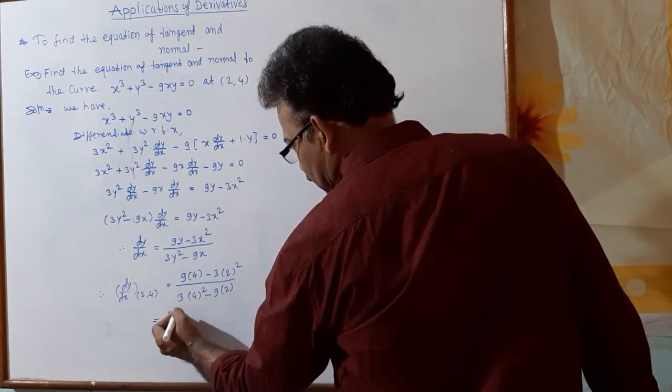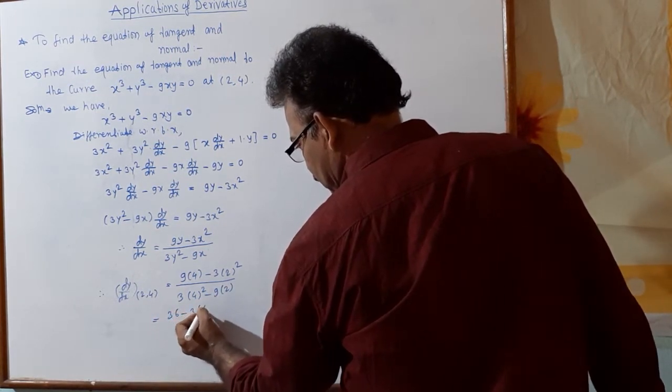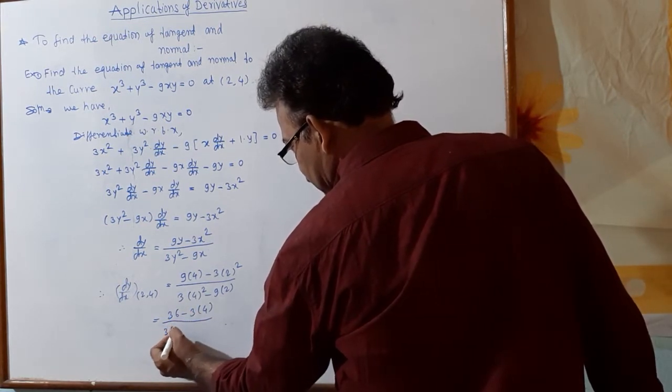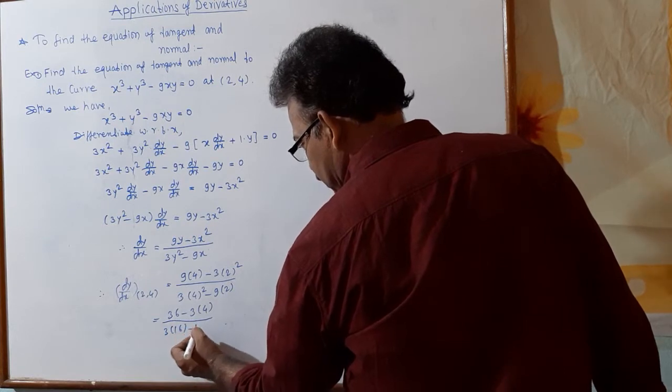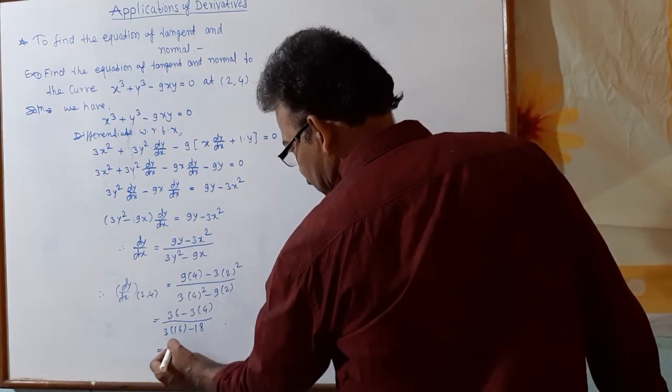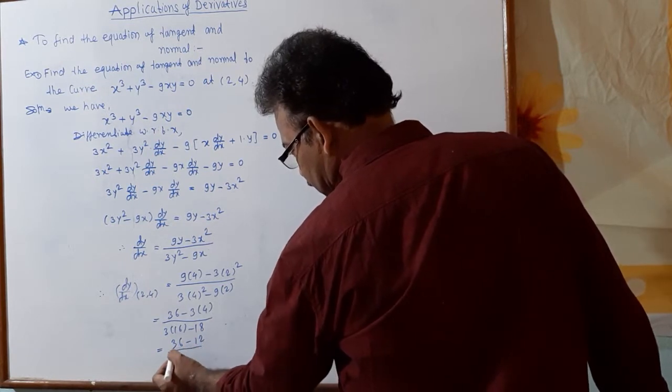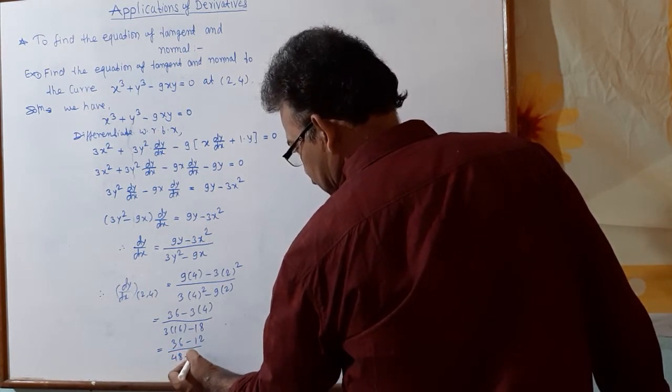So 9 into 4 is 36, minus 3 into 2 square, 4, divided by 3 into 4 square, 16, minus 9 into 2, 18. So we get 36 minus 3 into 4, 12, divided by 3 into 16, 48, minus 18.